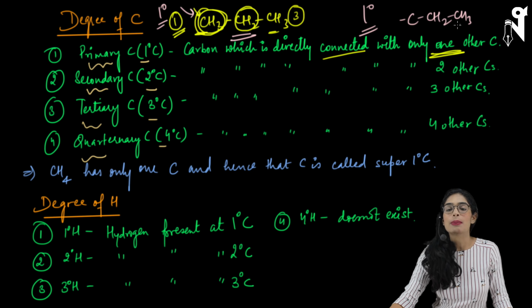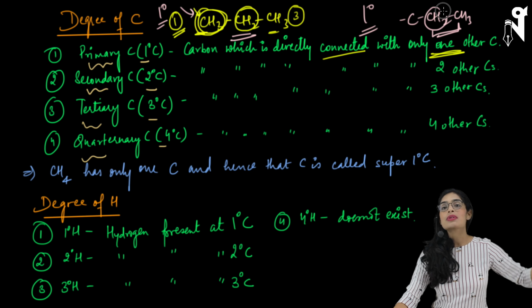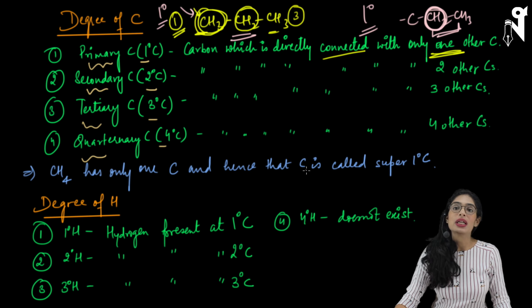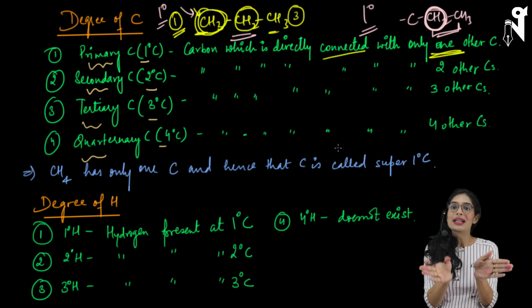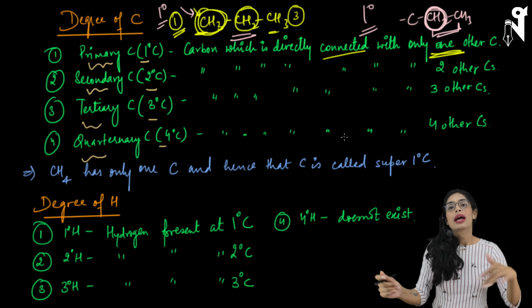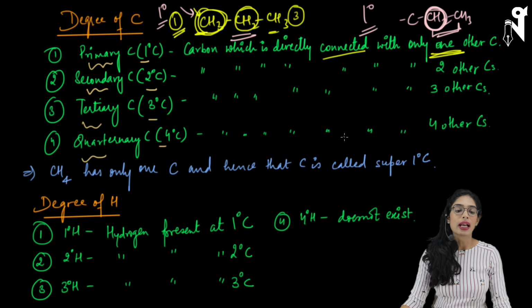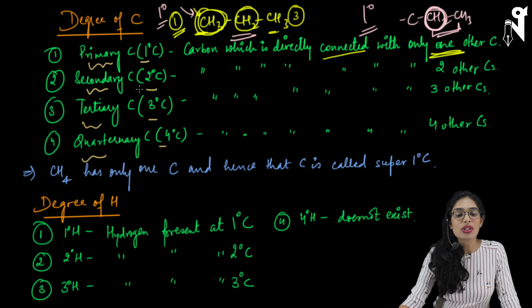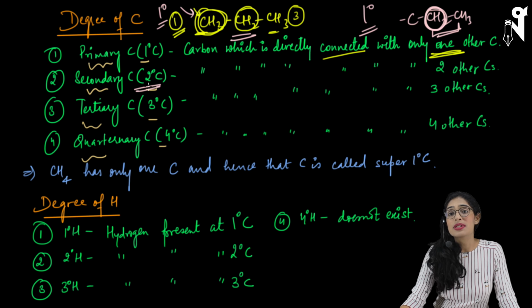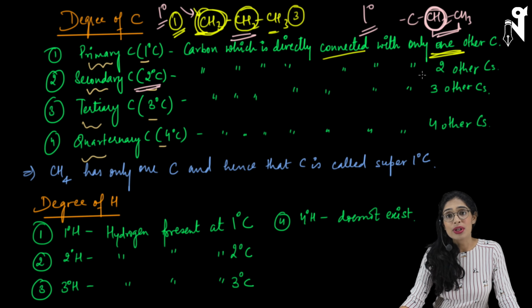I'm talking about the immediate neighbors. How many immediate neighbors are carbons will tell you the degree of the carbon. So if my carbon is attached to 2 immediate carbons and 2 are hydrogens, that means the degree of the carbon is secondary. A carbon which is directly connected to 2 carbon atoms is called secondary.